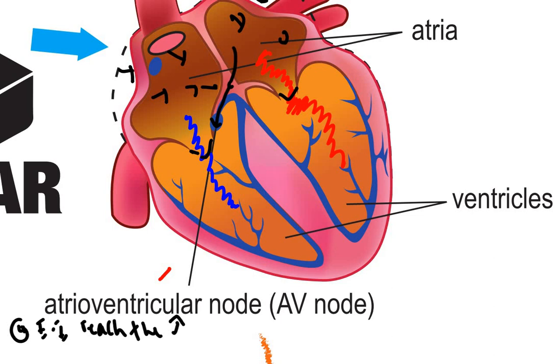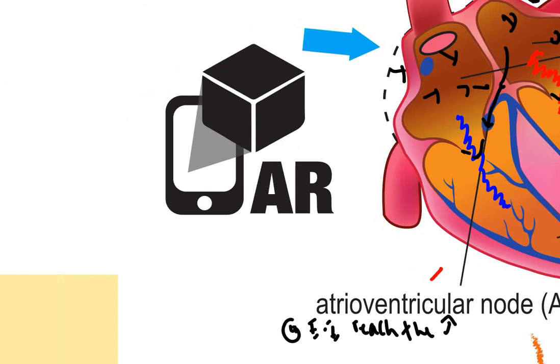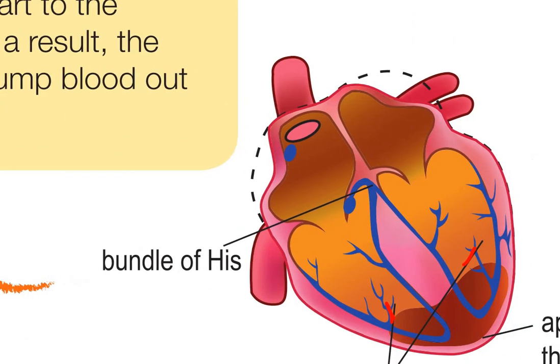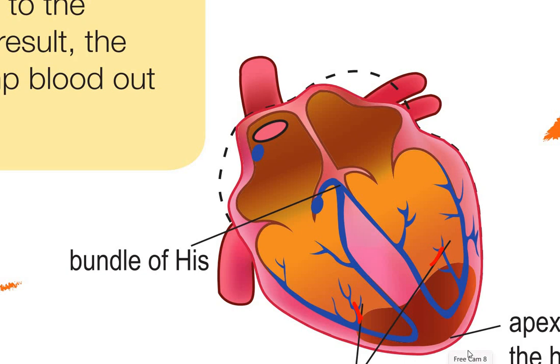So next, what happened? The electrical impulse will spread through the bundle of His and the Purkinje fibers up to the apex of the heart. So this comes to another diagram. Let us move to another diagram. Here, below here.